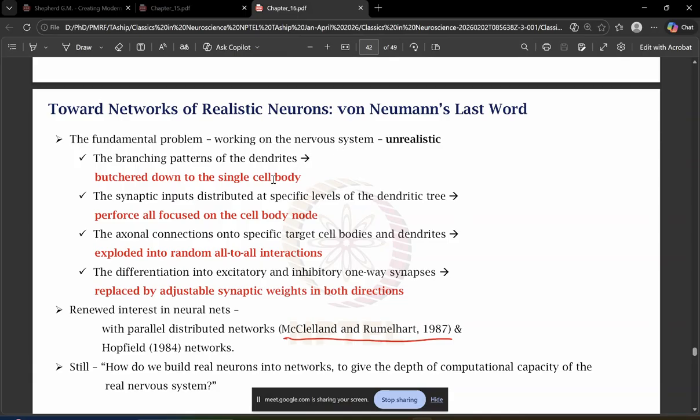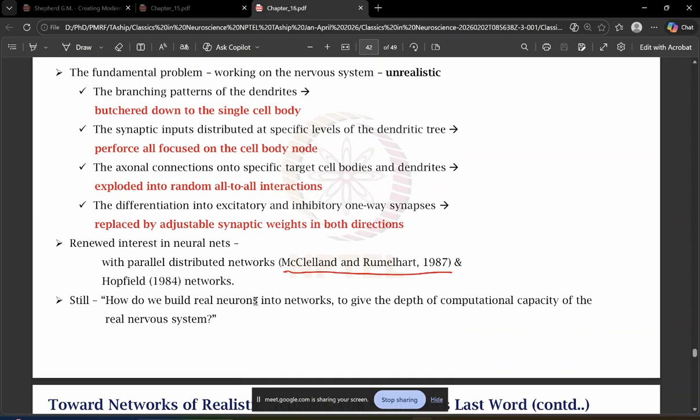So all of these: the butchering of the synapse, the reduction of the role of dendrites to that of the cell body, the shift of focus from the dendritic tree to the cell body node, the use of random all-to-all interactions rather than specific targeted interactions, and the use of adjustable synaptic weights in both the pre and post synaptic directions.